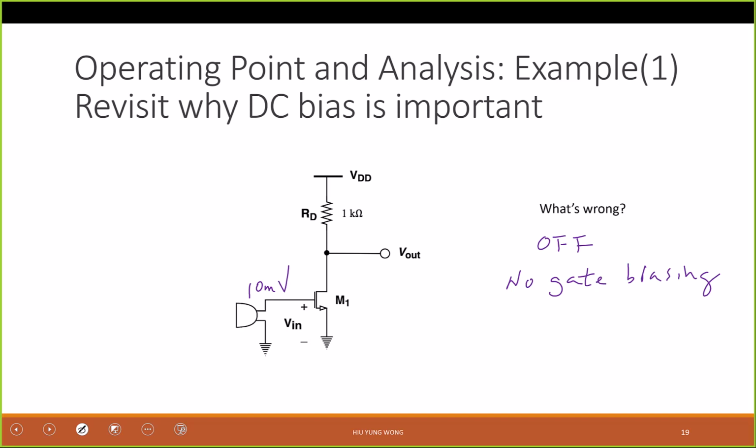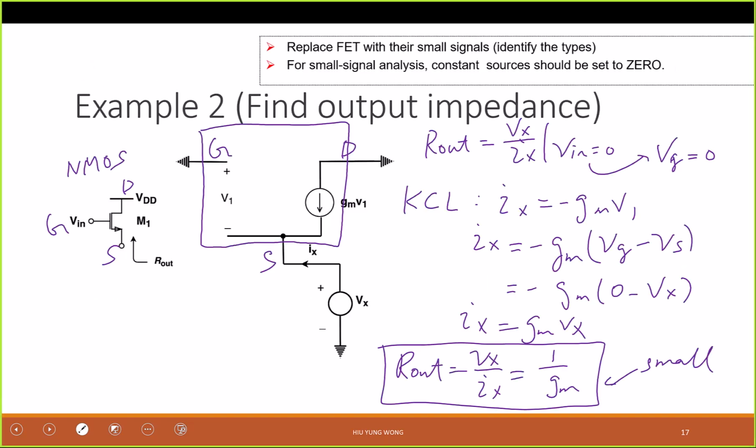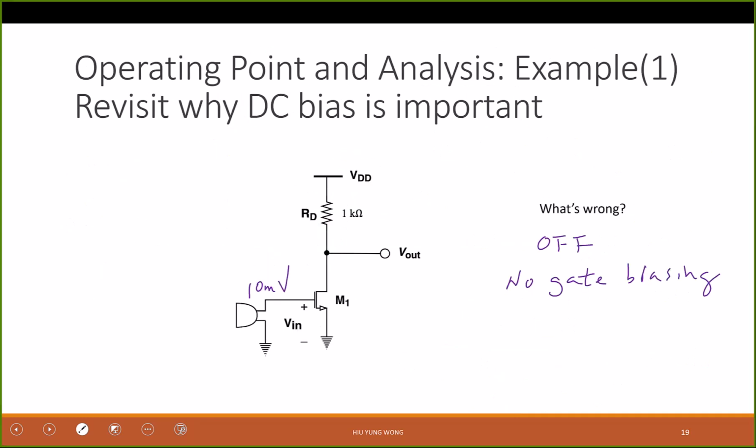I hope this is obvious to you now. So you do not just say, oh, get this circuit, let me draw the small signal model, and then get the gain. No, because you cannot draw the small signal model. It's not DC biased correctly. It's not even in the on state. This is only true because you put it in saturation.